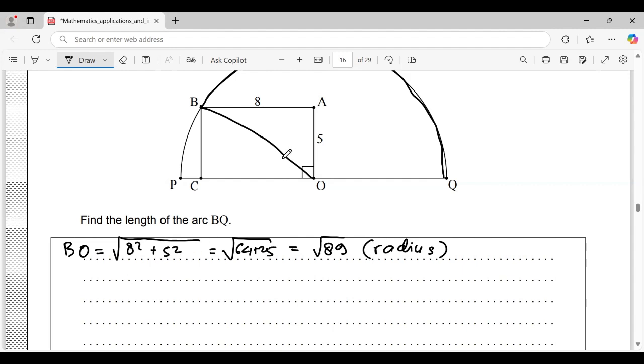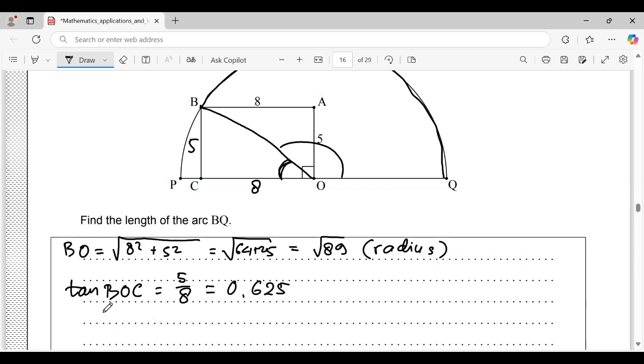And next, I'm going to find this angle. After that, 180 minus this angle, and we can determine this angle. So I'm going to use tangent of BOC. This is 5 and this is 8. Tangent BOC means 5 over 8, which is 0.625.